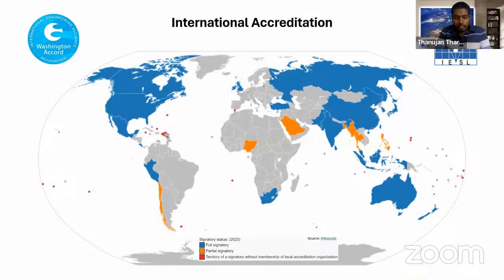The accreditation helps validate your degree program. It is usually renewed every 5 years, and our department has held this accreditation since about 2011. You can check which other engineering degrees are accredited by the Washington Accord by Googling the IESL accreditation list, where you can find which degrees still hold the accreditation.